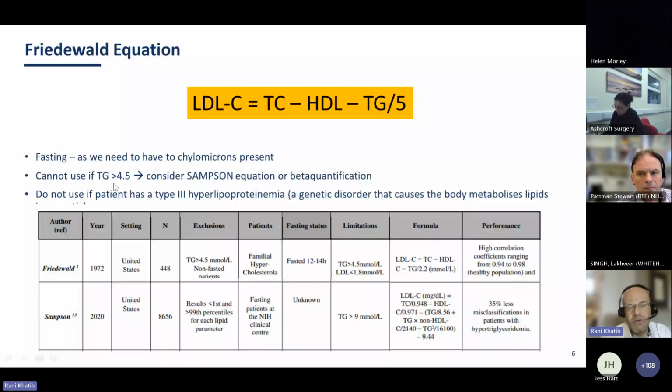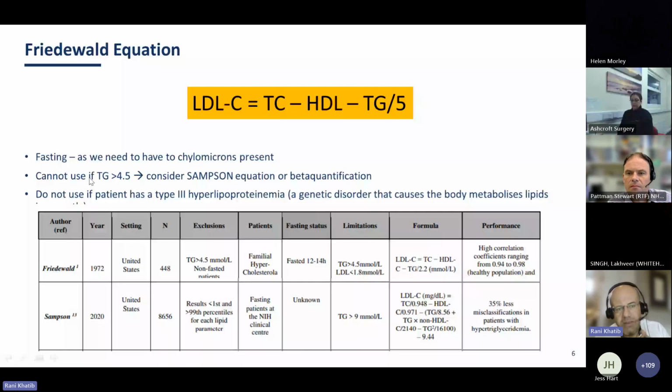And for that reason, if your patient has got high triglycerides, it would be a good idea to repeat it in a fasting sample just to make sure that it isn't just what they've eaten last night or just before they had the test, that it is something that needs an intervention. And we'll talk about that later on.